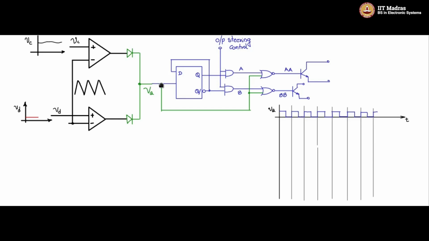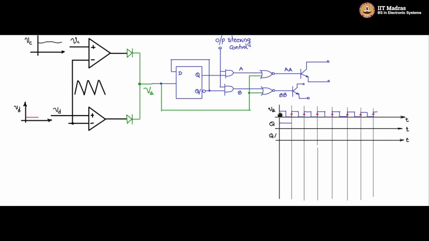Now this is given to the clock of the D flip-flop. Let us say that the D flip-flop will be edge triggered on the rising edge, and on the rising edge, let the toggling action happen. So Q will toggle on every rising edge.